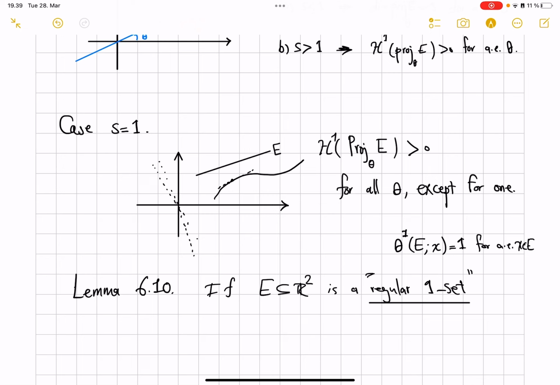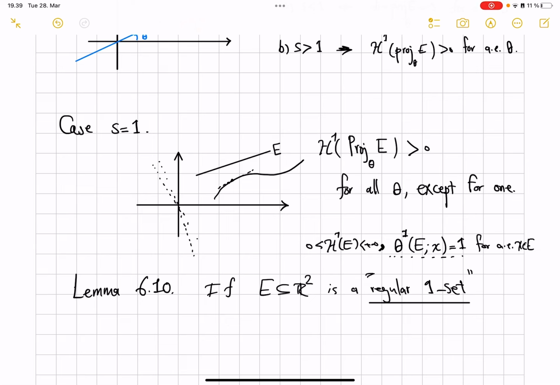So if your set has positive and finite 1-measure, and also the density has no exceptional points up to a set of measure 0, then we call it a regular 1-set.